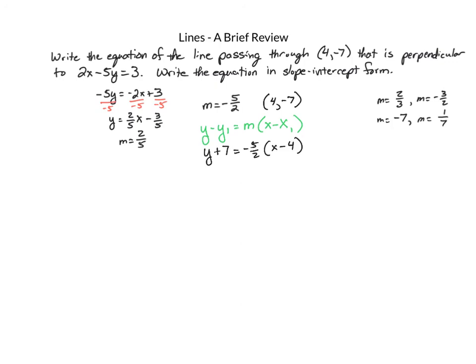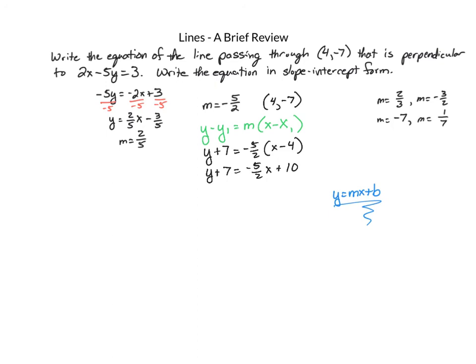Now I'm peeking to see what form this is supposed to be presented in. Slope-intercept form. So that means down here at the end, it needs to be in y equals mx plus b form. That's what we're shooting for. So let's distribute the -5/2. So we have y plus 7 equals -5/2 x plus, let's see, we have 5/2 times 4. That gives us 10.